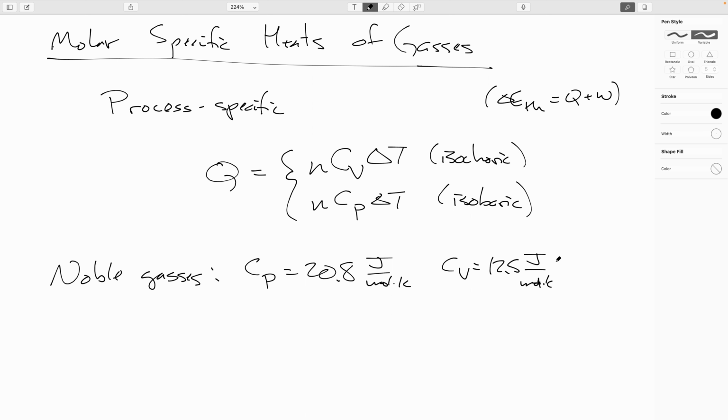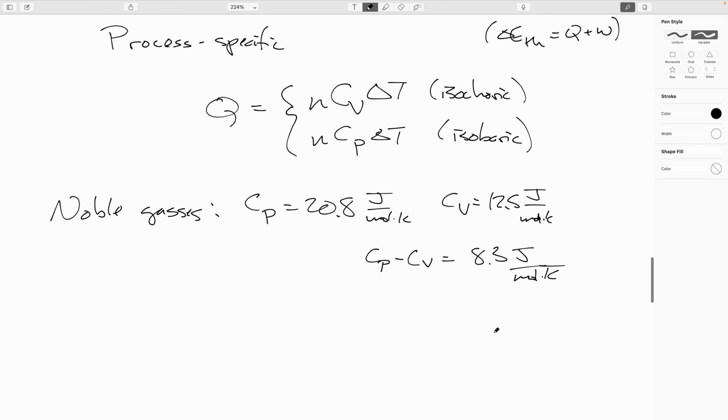And importantly, the difference in the two, C_P minus C_V, is 8.3 joules per mole Kelvin. Hey, 8.3, that sure sounds like the ideal gas constant, doesn't it? That turns out to be not a coincidence.